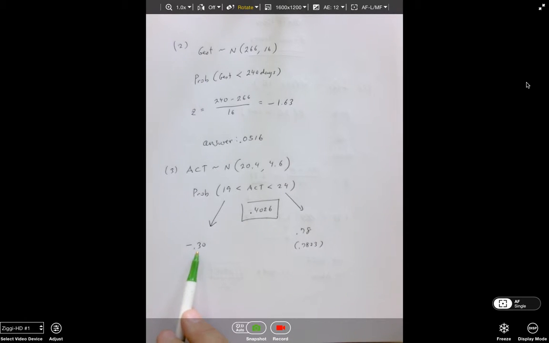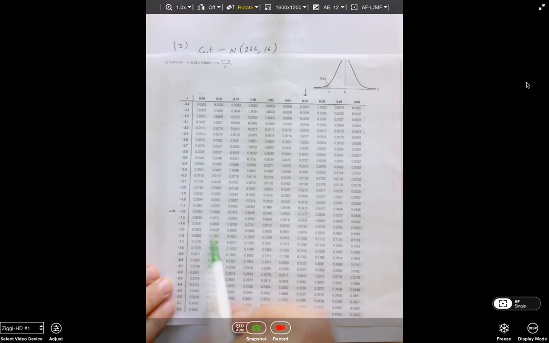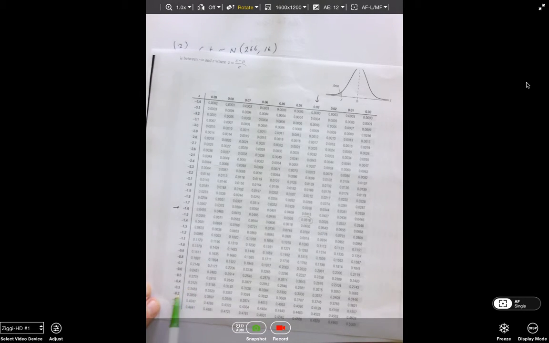And then I have to go to negative 0.30, so I have to go to the negative side. So I'll just use this one right here. Oh, I got to go all the way up to the side because up here is 0, right? So I have to come all the way over here and look at 0.3821.